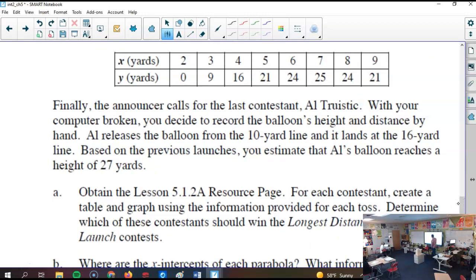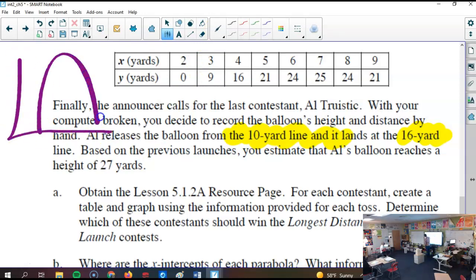So altruistic, and this is me helping you guys a little bit for tomorrow, starts at the 10-yard line and lands at the 16-yard line. If we know what the graph is going to look like, these points we just found let us start to build a function.